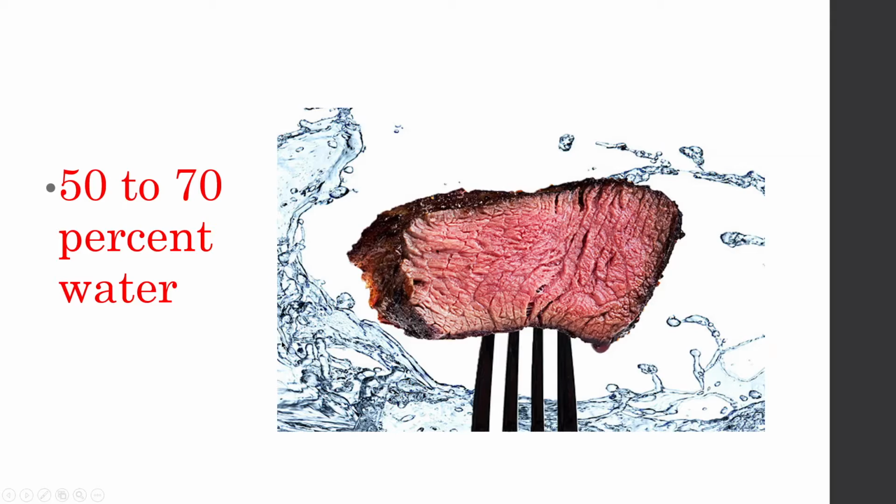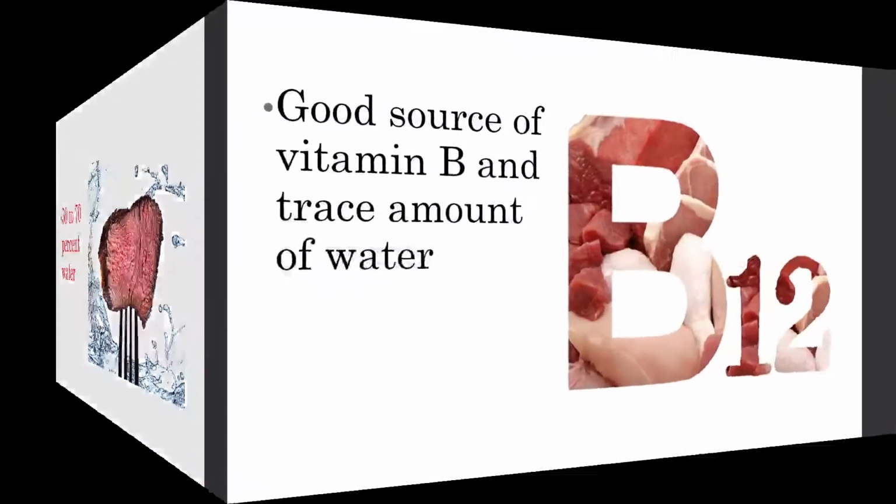That is why kapag pinress ninyo ang fresh meat tapos inihaw, may mga lumalabas na katas. Kung mapapansin ninyo din sa karne, medyo makintab-kintab siya. Merong water content pa yan, because 50 to 70% is water.